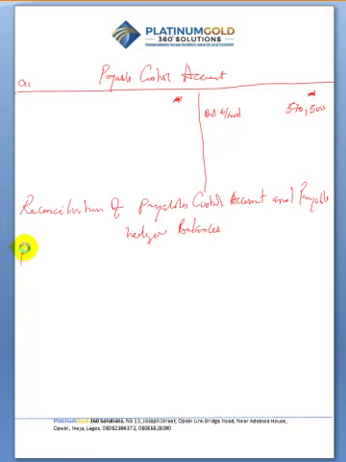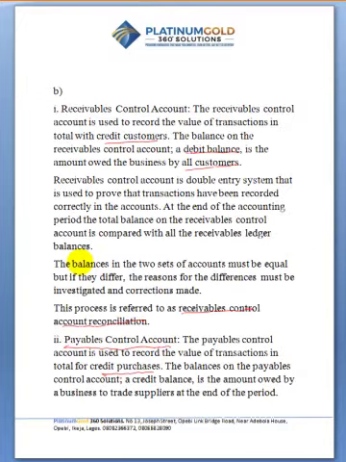Then the payable ledger balances, a credit balance, is 455,380. Okay, so let's see, back to the question again.